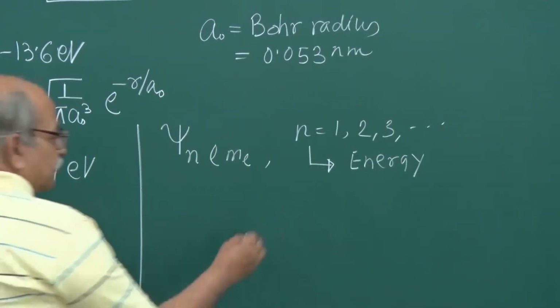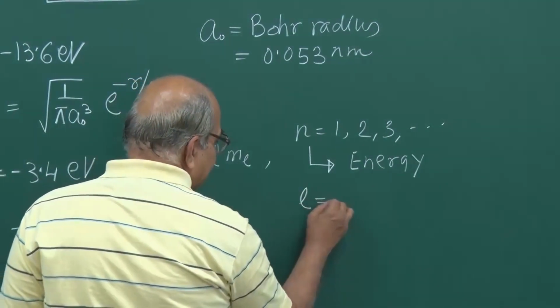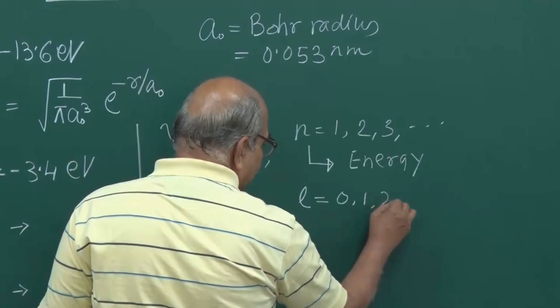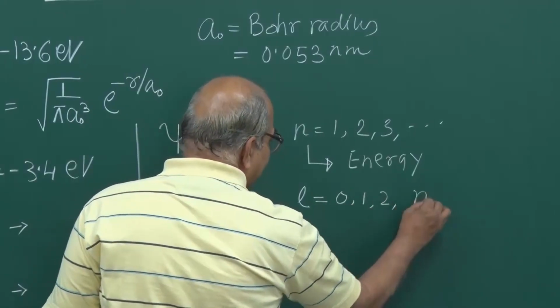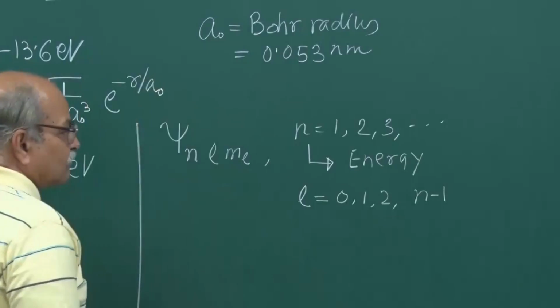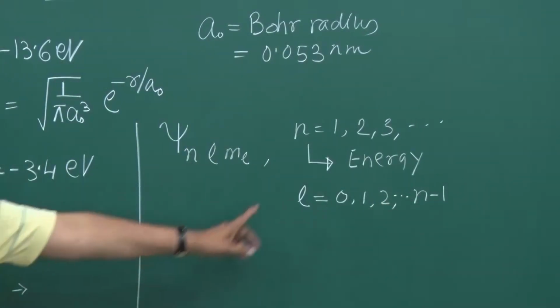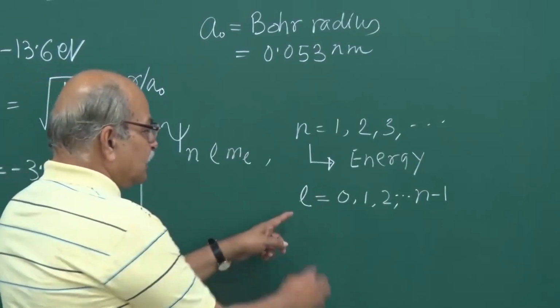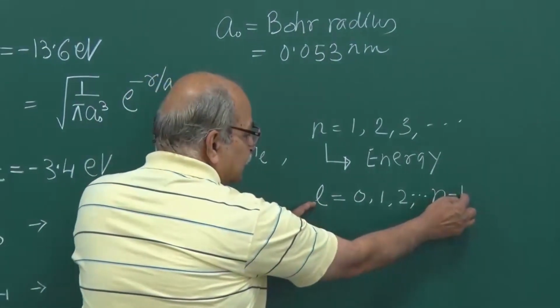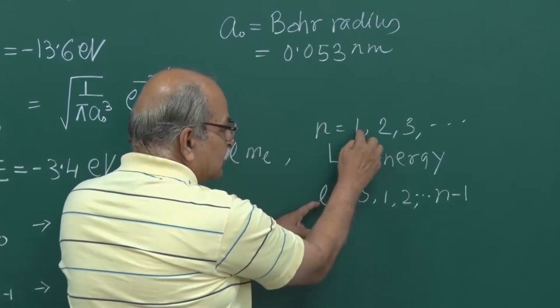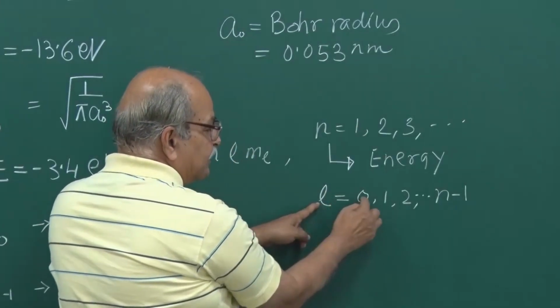And then this L can take value 0 and onwards 1, 2, and it should end at n minus 1. So if n is equal to 1, then this n minus 1 is 0, so it should end here itself. So for n equal to 1, the only possible value of L is 0.